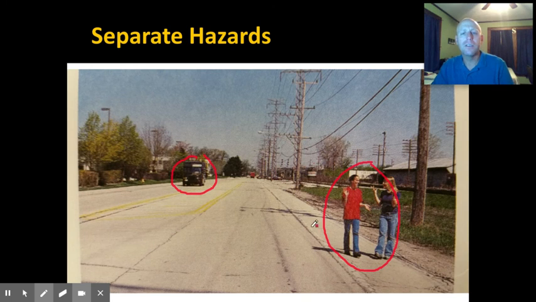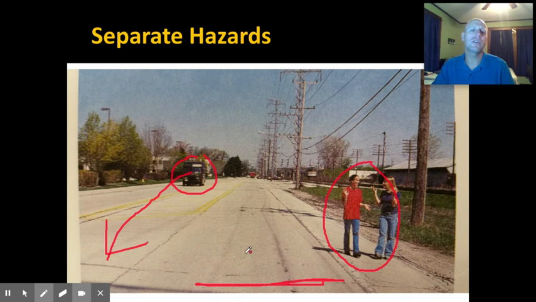So what we can do is we can slow down or even stop right here and let the truck go by, okay? Once the truck goes by, then we can pull out and go around these pedestrians. And that separates the two hazards. Now we don't have to encounter those two hazards at the same time.